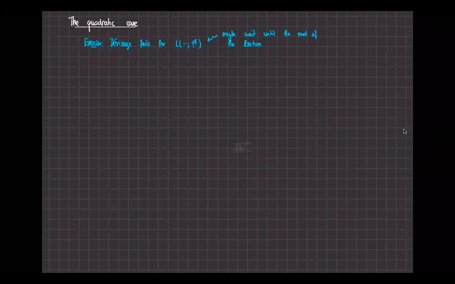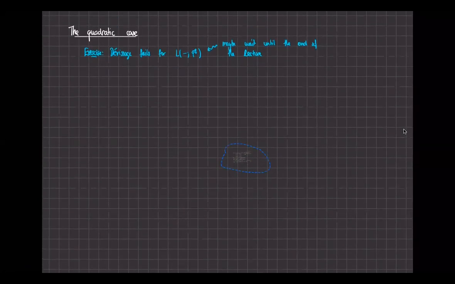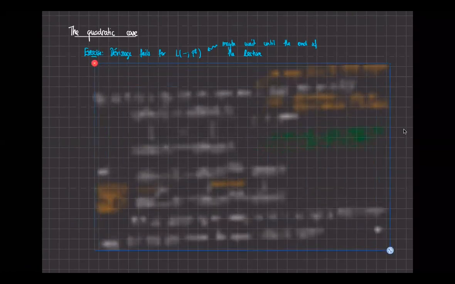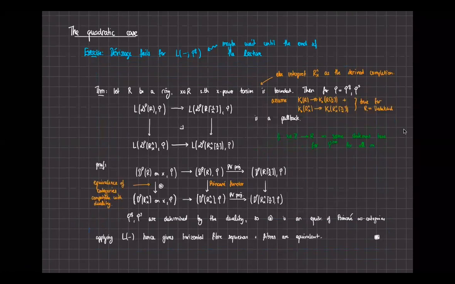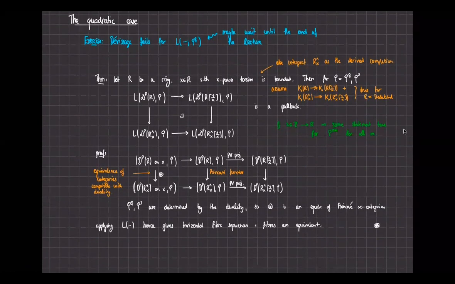So we have to get our hands on these quadratic L groups in a different manner, and the way I want to suggest is by a collection of a couple of results that are true in this quadratic case. The first of which is quite general and applies for both the quadratic and the symmetric structure. The setup is as follows. We pick a ring R and an element x in this ring, and assume that the x-power torsion is bounded.